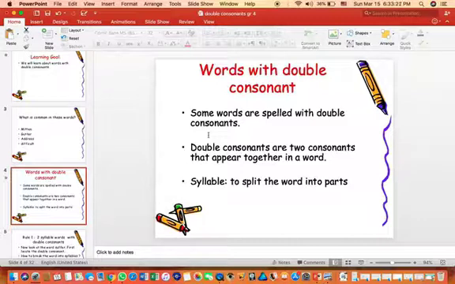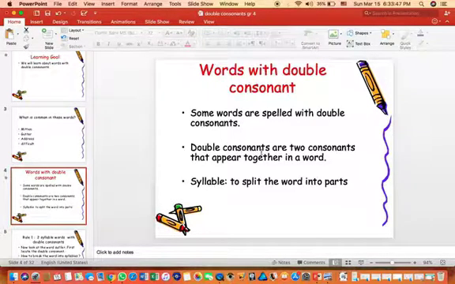Now, what does it mean, double consonants? Double consonants are two consonants that appear together in a word. Double means what? Two. Consonants mean what? Let's make a quick revision about our previous lesson.